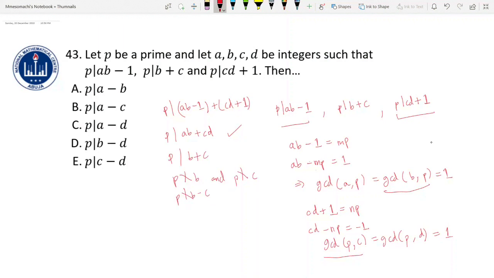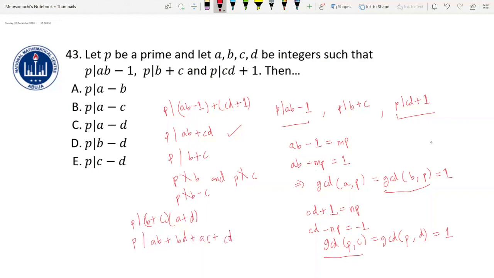Now let's manipulate P dividing B plus C. So P divides B plus C. We can say this implies P divides B plus C times A plus D. And when we expand this out, we have P divides AB plus BD plus AC plus CD.